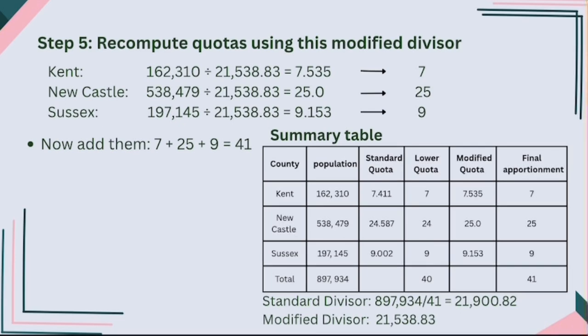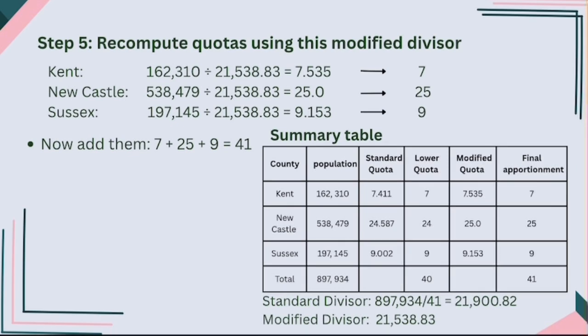Newcastle is 538,479 divided by 21,538.83 equals 25.0. The lower quota is 25.